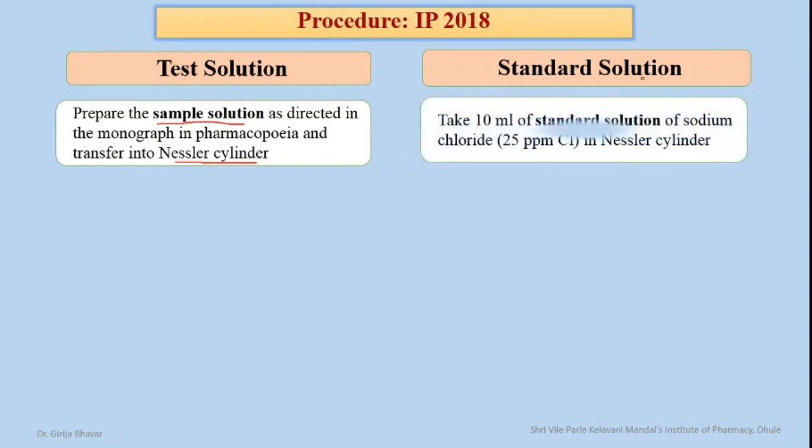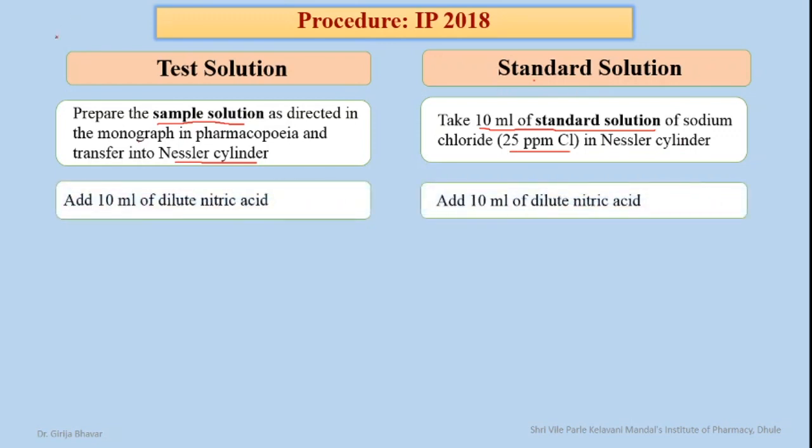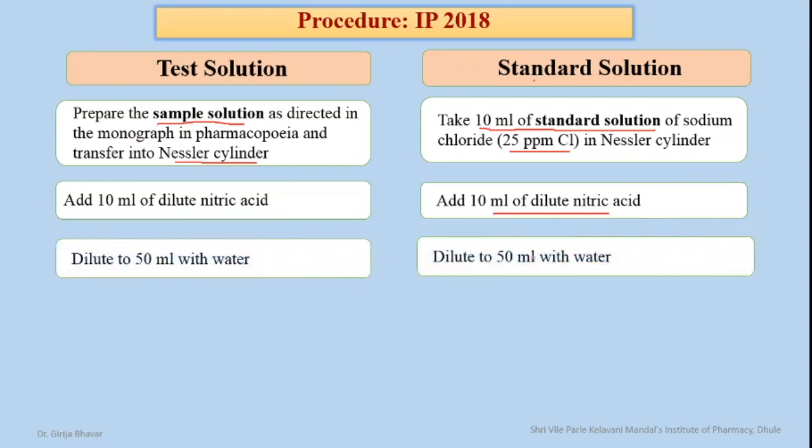To prepare the standard solution, take 10 ml of standard solution of sodium chloride containing 25 ppm of chloride in another Nessler cylinder labeled as standard solution. Now in both Nessler cylinders, add 10 ml of dilute nitric acid. Then dilute both the solutions to 50 ml with water.